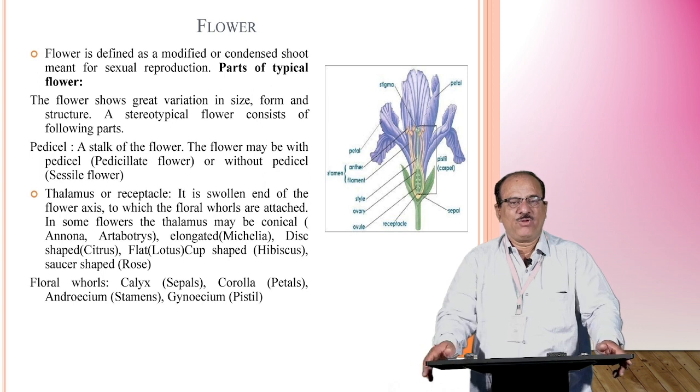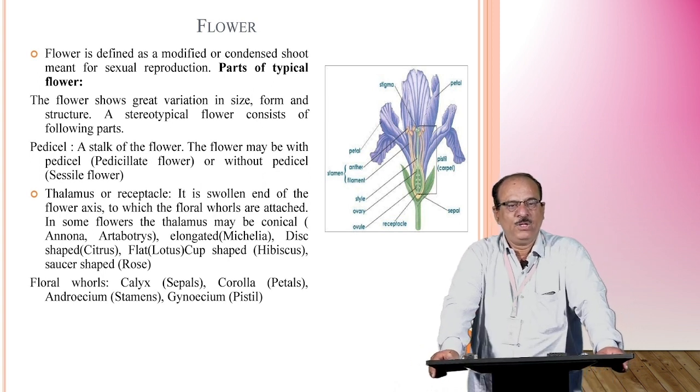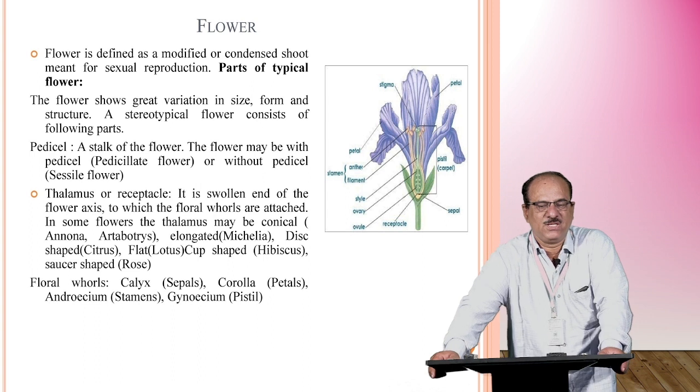Then we have the parts of a typical flower. There are a number of flowers and there is a great variation in the size, shape, form, structure of all the flowers. But a typical flower shows the following structures.